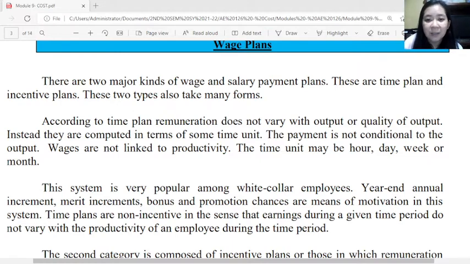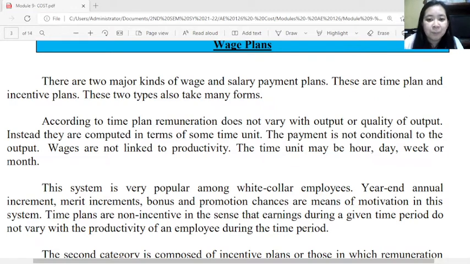Okay, so here they have the year-end annual increment, merit increments. They also have bonuses, promotions, and promotion chances as means of motivating these employees.